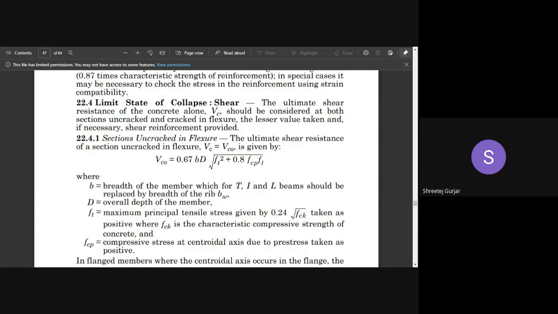The capacity of the concrete is greater than the shear force coming on it.